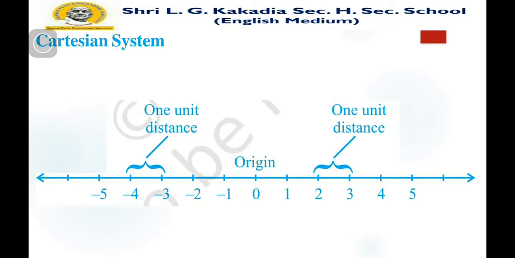This way we can represent the number line as we have studied. Now we want to know the Cartesian system, the gift of Rene Descartes.